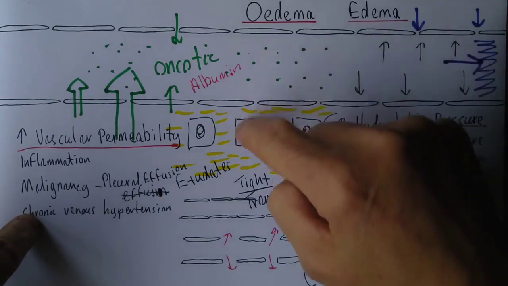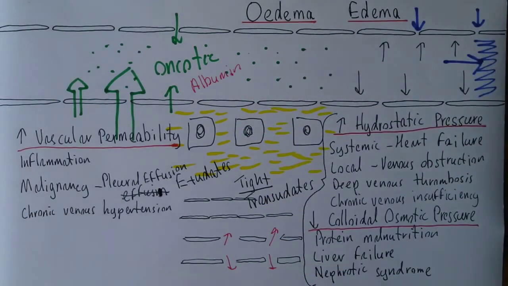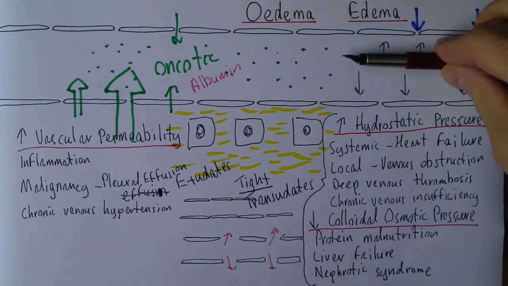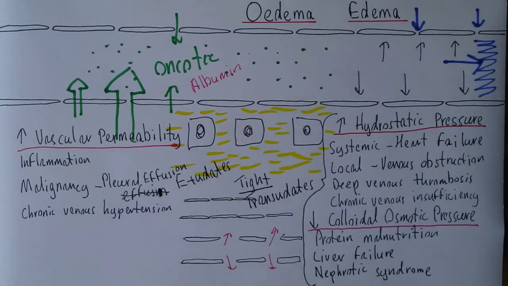You can even get red cells leaking out sometimes, and that leads to the brown staining, the hemosiderin that you can sometimes see in chronic venous hypertension. So initially in the acute situations, it tends to be a transudate in venous obstruction, but as it becomes more long-term, it can become more of an exudate.